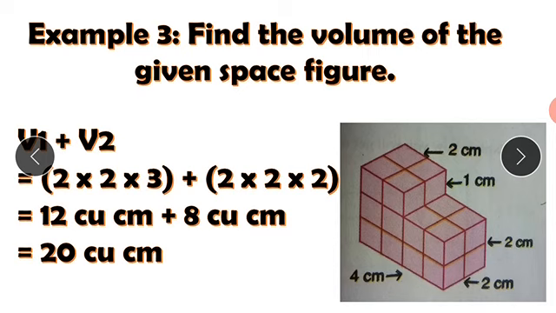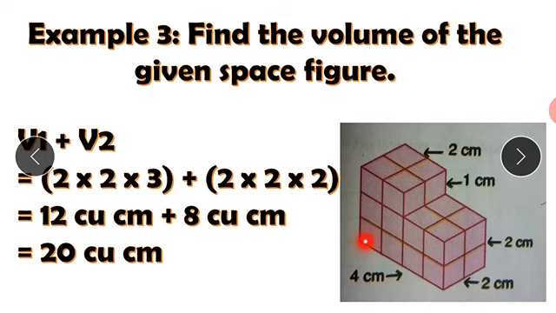First, let's identify the length, width, and height of volume 1. Since the length of the entire space figure is 4 centimeter, but we will also consider up to this one, the length must be 2 centimeter because we will cut this 4 into 2 centimeter.